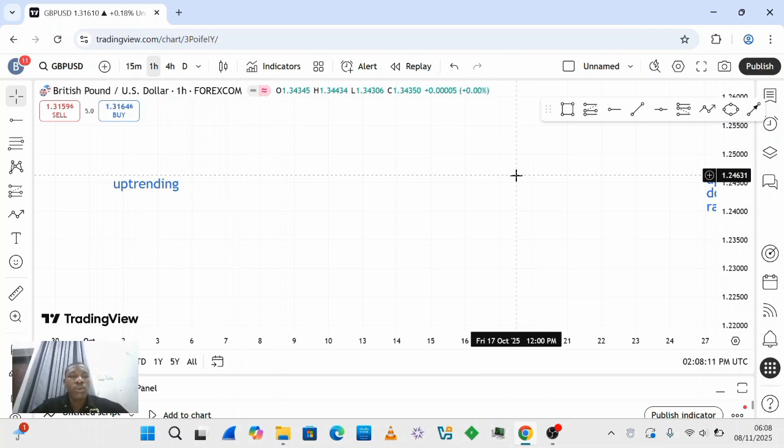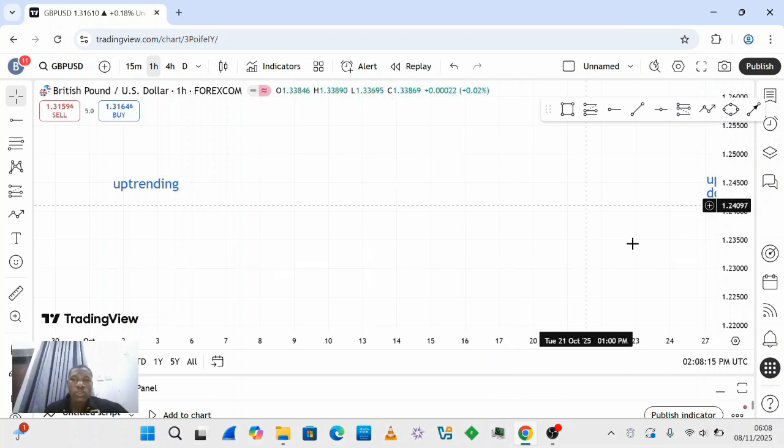To know when price is going up, you must see a series of higher highs and higher lows. While if the trend is going down, you must see a series of lower lows and lower highs. And how can you identify that in the chart?